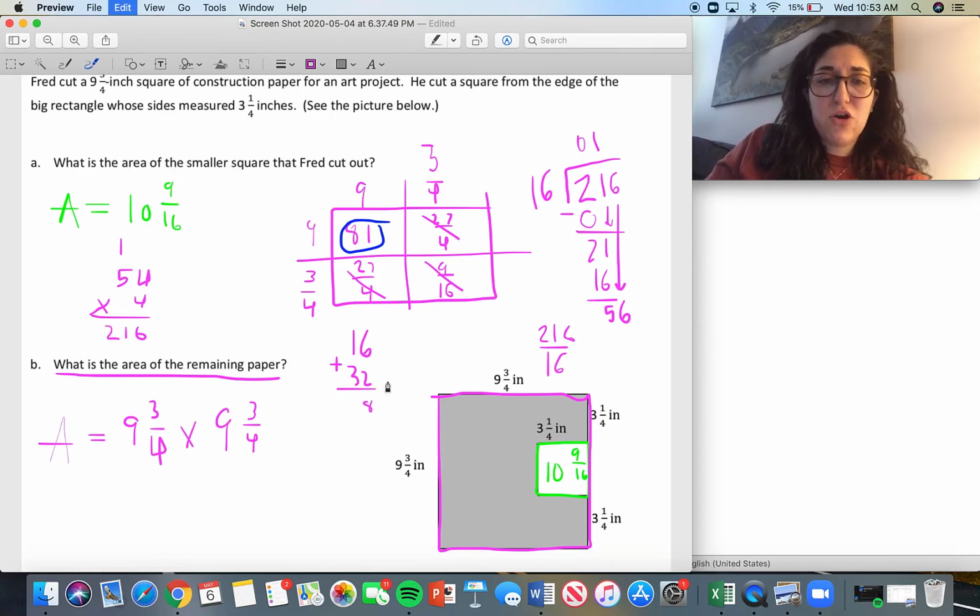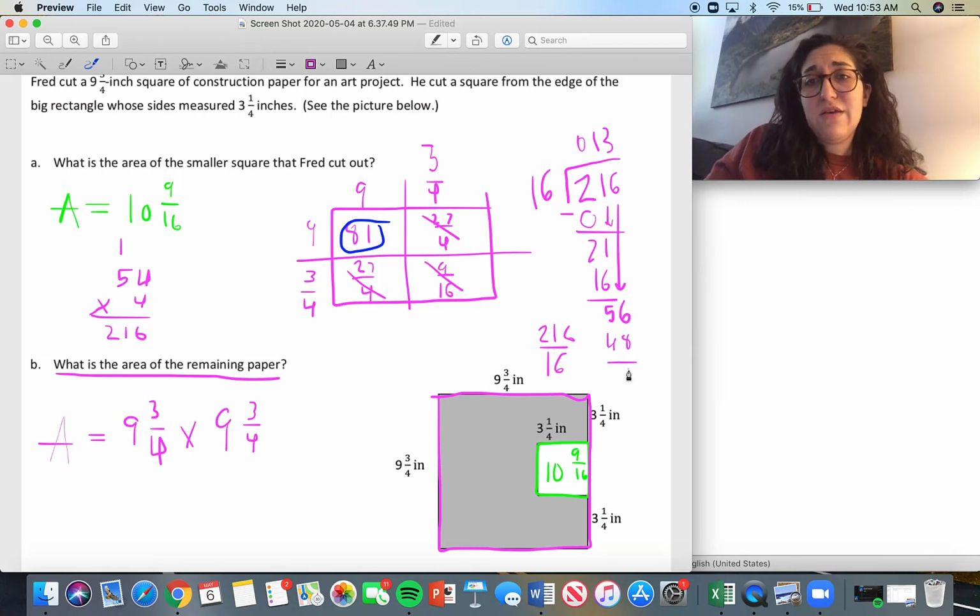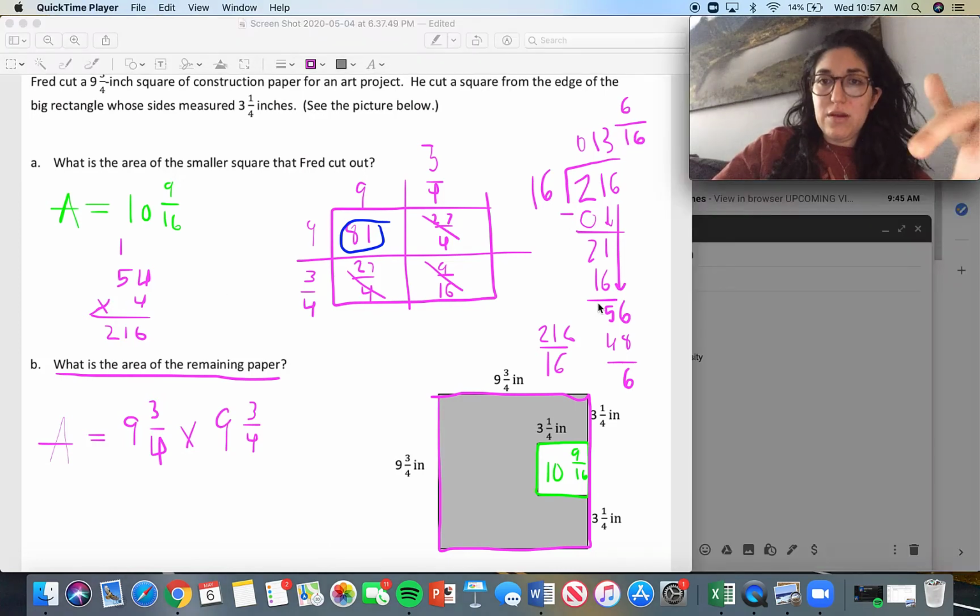All right, so it'll go in 3 times. 3 times 16 is 48. And I'm going to take away 48 from 56 and have 8 left over. So it's 13, and then what's left over? 6, so it's 6 out of 16. We ended up with 6 out of 16.